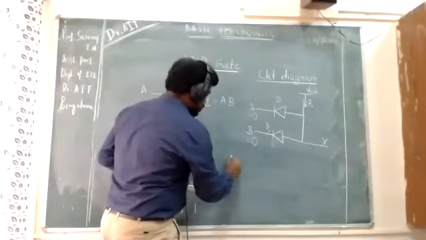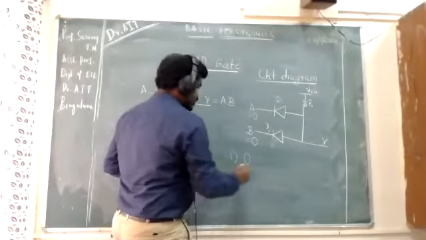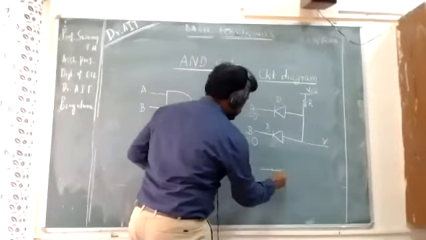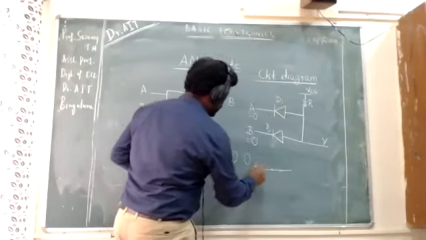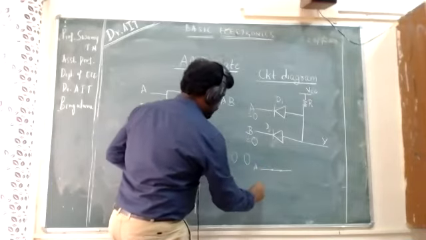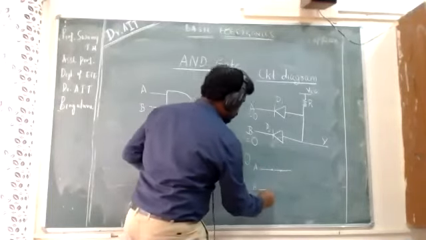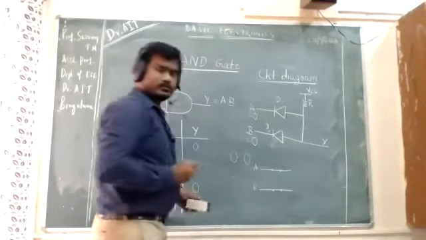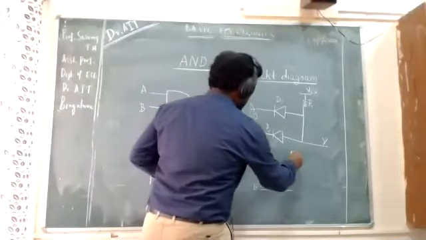For the 0-0 condition, the circuit will be like this. It is a short circuit for input A, and similarly for input B also, you replace the diode by a short circuit.